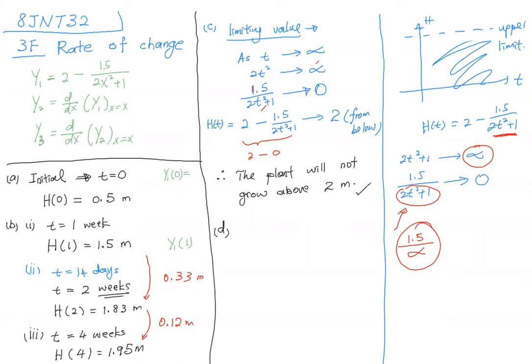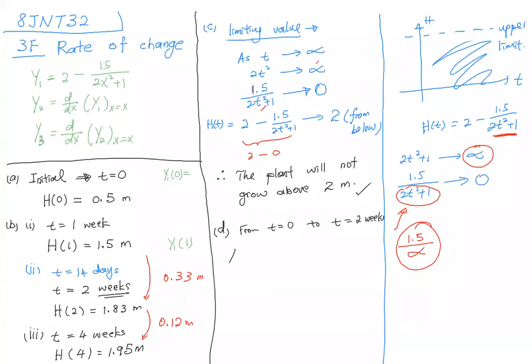Okay, so how to find anything about average? So we know that the time taken, I'm talking about from t equal to 0 to t equal to 14 days, is 2 weeks.